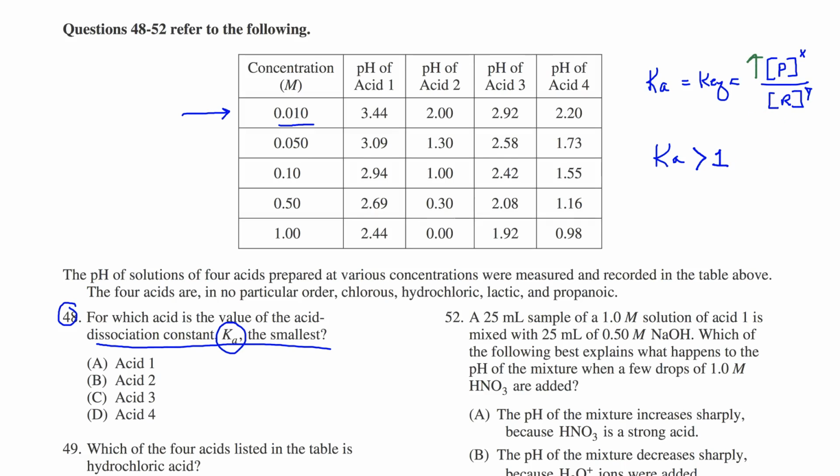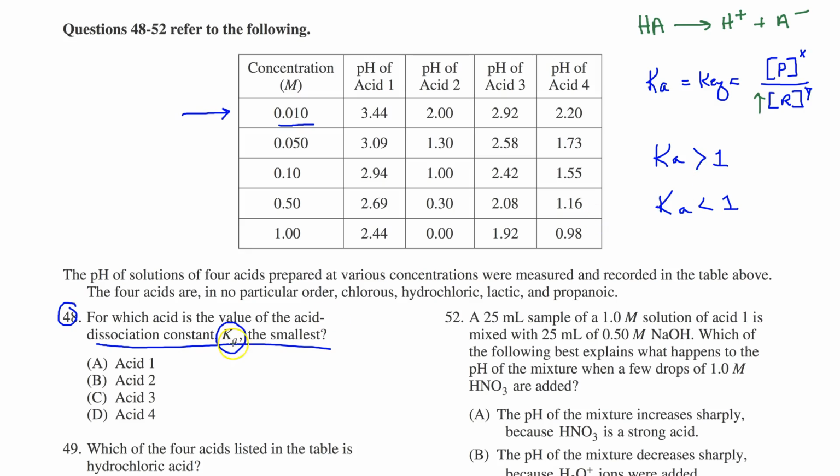And if the Ka is less than 1, or any equilibrium constant is less than 1, then we're going to have a lot more reactants than products. So what are these products and reactants? Well, for acids, it's going to be the HA, the undissociated acid, going into its proton, which is a product, and its conjugate base, in this case A negative. And that's what goes in there.